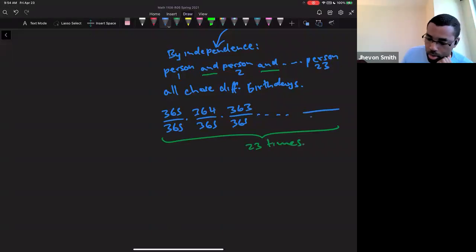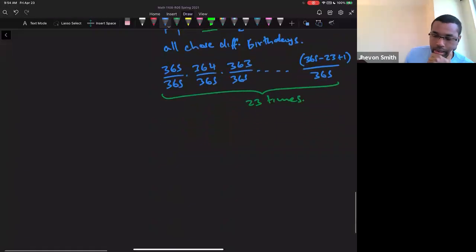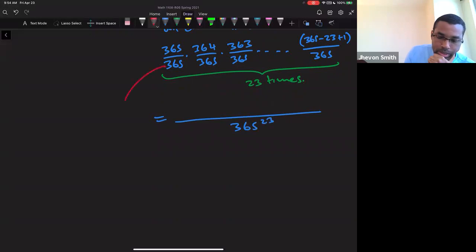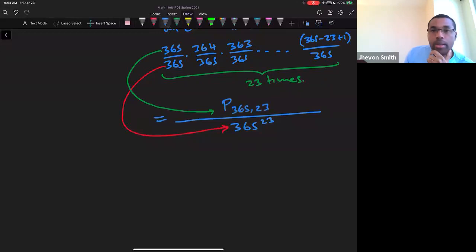Which means the last one is going to be 365 minus 23 plus 1. And then you'll end up seeing that the denominator is 365 raised to the 23, because that's what's in the denominator. And then the numerator is actually by definition P of 365 choose 23.